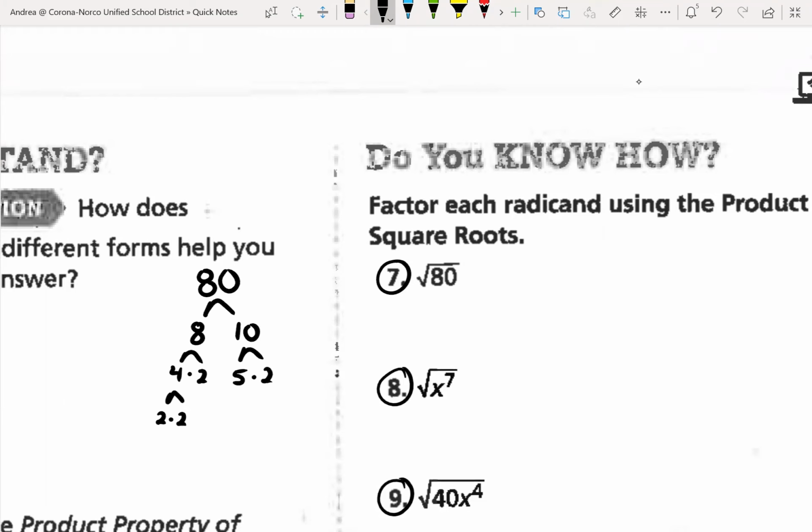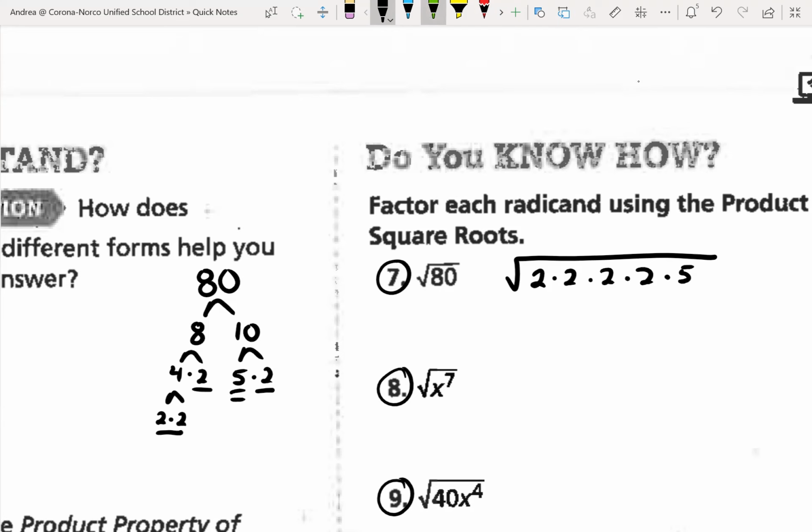Okay. What I'm going to do is put it all inside the radical. That might be helpful to some of us who are still struggling. I have these 2's. I have this 2. I have another 2. And then I have a 5. Put them in order from least to greatest. Does that make sense? Once I factor the 8, 8's gone because I already have all these prime factorizations of it.